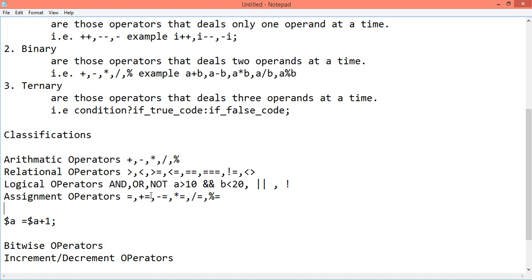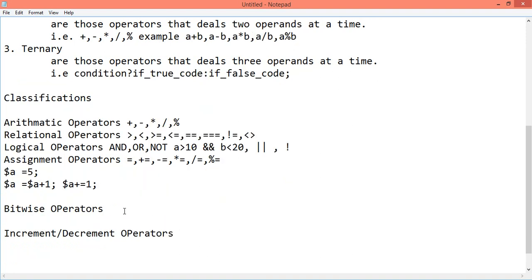This means that whatever the value of a, let's say 5, the 1 will be added to 5 and then assigned again to the variable a. So that's the short way. If you write $a plus equals to 1, then this is the same short version. Addition and assignment, subtraction and assignment, multiplication and assignment, and division and assignment. So that's the short way.